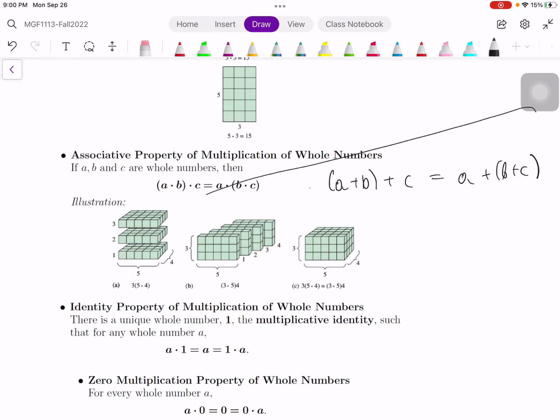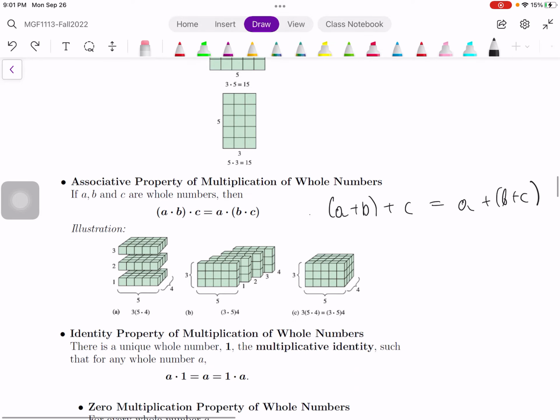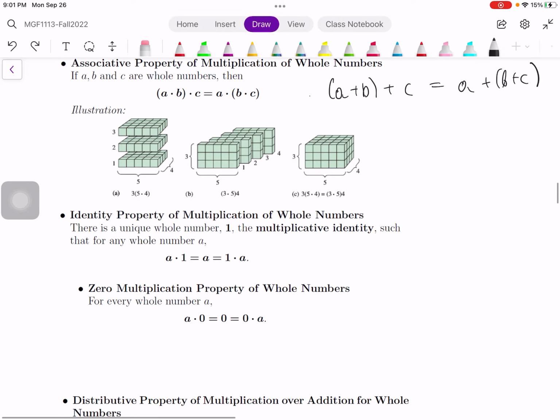Same thing for multiplication. If I have three numbers, I can first multiply A with B and then C, or I can first multiply B with C and then A. In fact, if you combine the commutative and associative properties, one can show that we can also multiply A with C and then with B, but that's for another question.